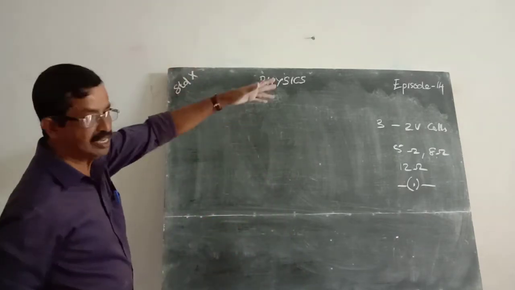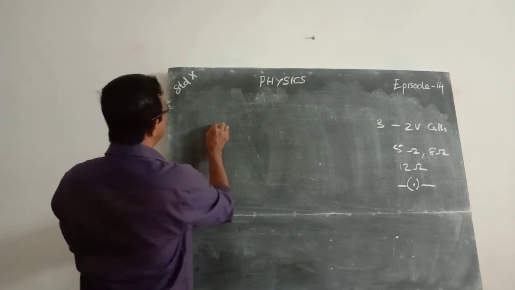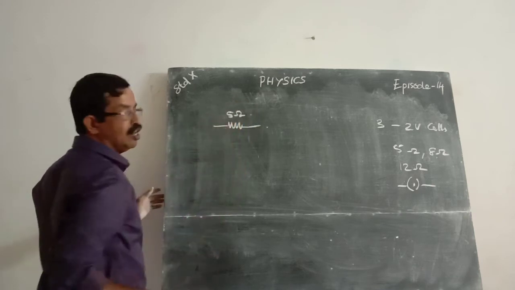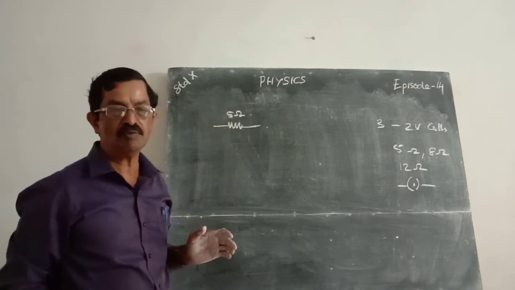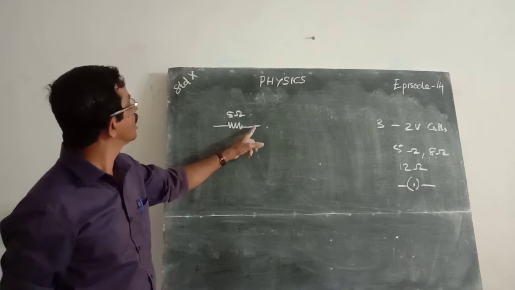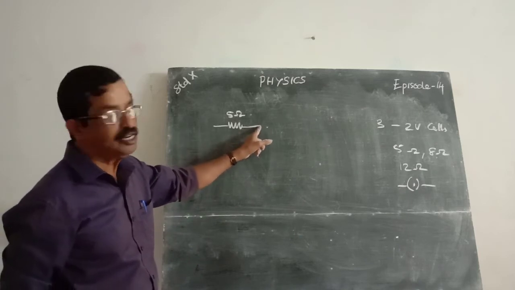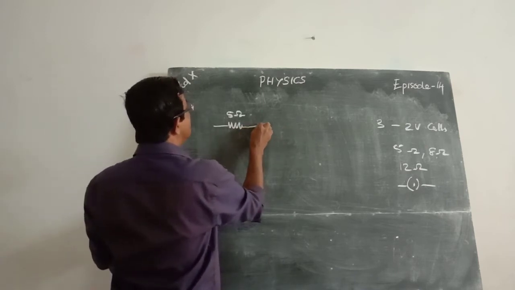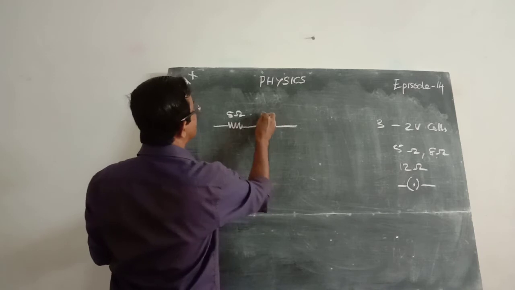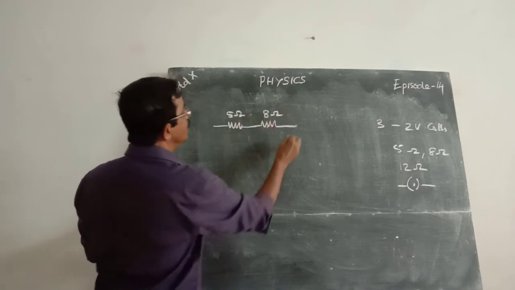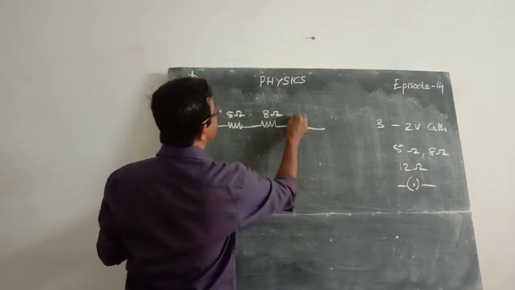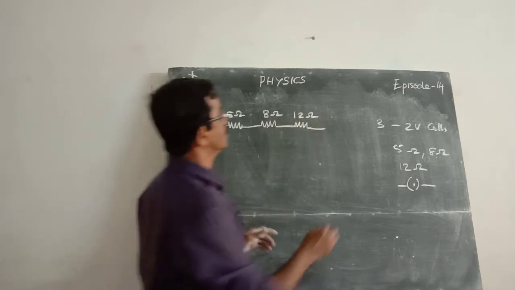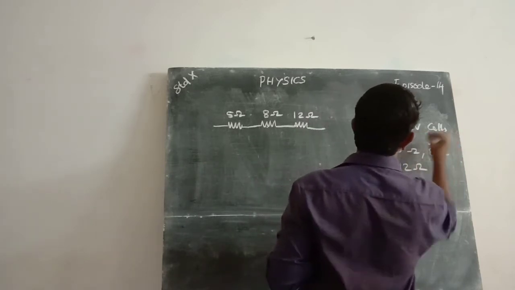We want to draw the schematic diagram. First of all, we can draw the 5 ohm. We know that to connect in series we connect the end of one to the other. The first one we connected to the second, that is 8 ohm. Then to this end we connected the 12 ohm. So we connected 5 ohm, 8 ohm, 12 ohm in series.